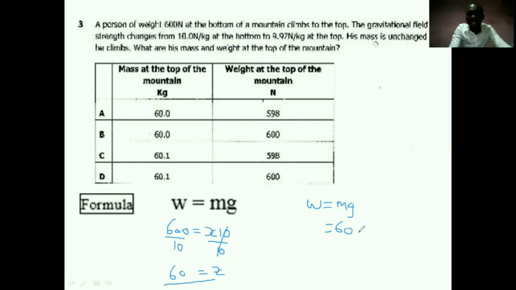You multiply 60 by the gravity at the top of the mountain, which the question says changes to 9.98. When you multiply 60 times 9.98, it gives us 598.8. So our answer is A. The answer for question 2 is A.